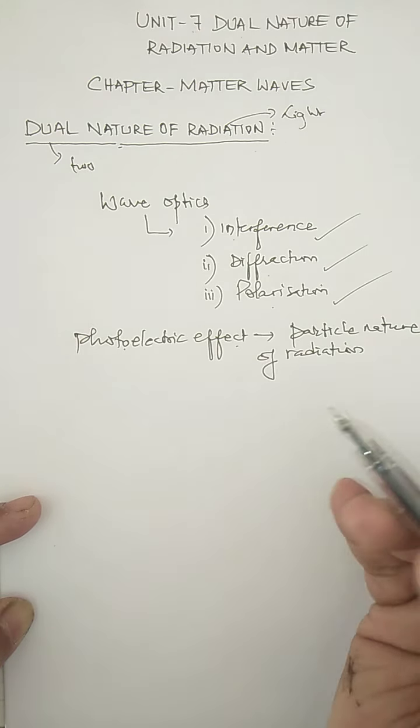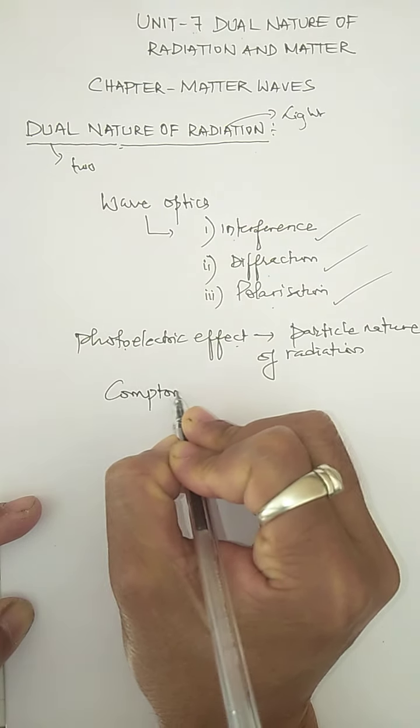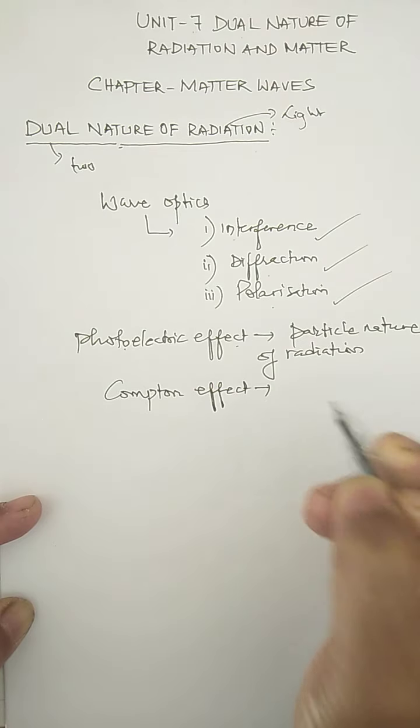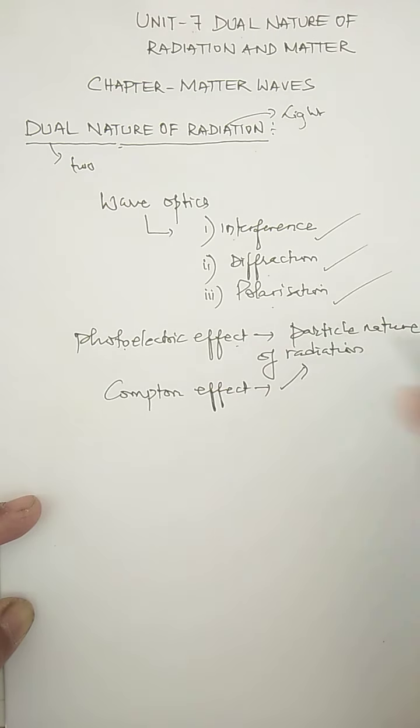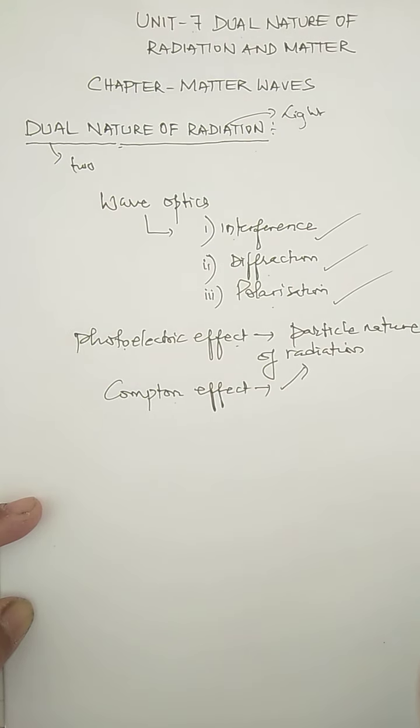Children, there is another effect, called the Compton effect, which is not in the syllabus and we will not study it, but it also explains the particle nature of radiation. So the photoelectric effect and the Compton effect both explain the particle nature of radiation. By considering radiation as having particle nature, it means that radiation has what nature now? Dual nature.